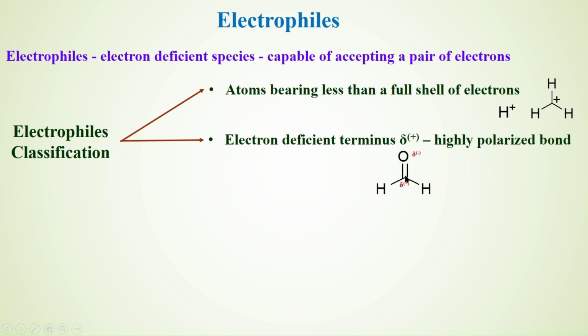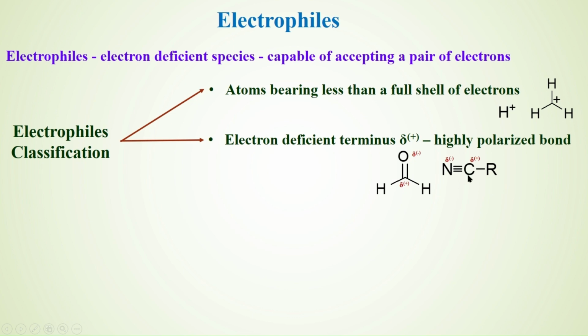It is a polarized bond between two atoms which have different electronegativities. Because of this, one gains electron deficiency, and another will be electron rich. This electron deficient terminus of the polarized bond is an electrophile.